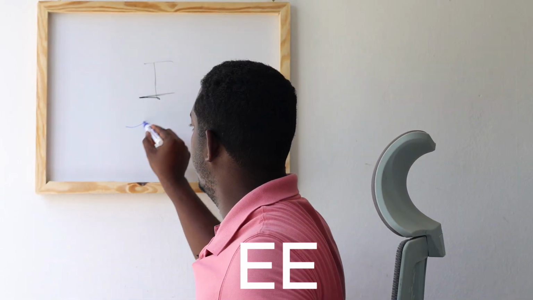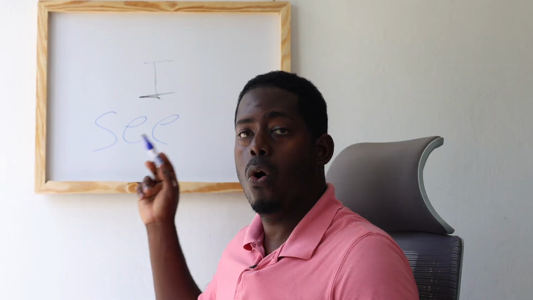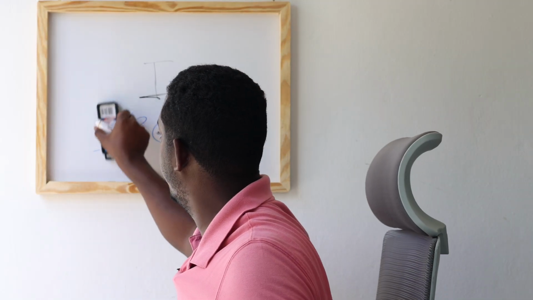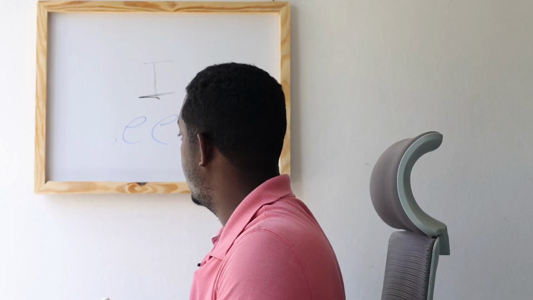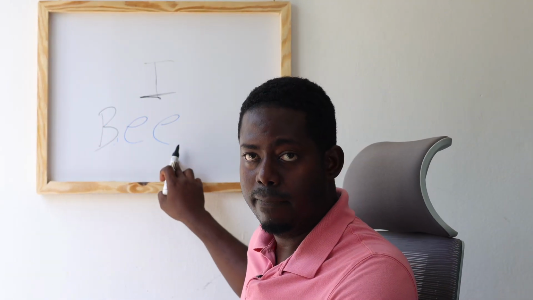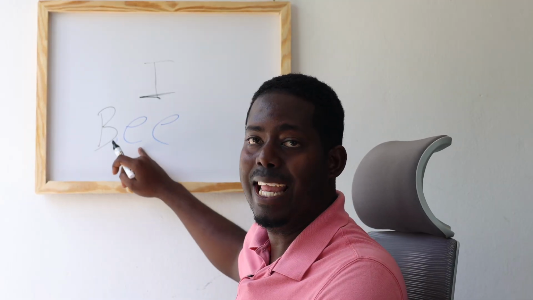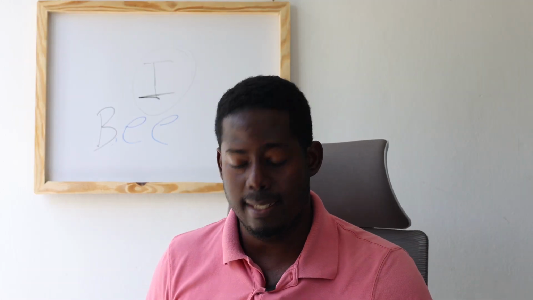It will always sound like ee, like when you have two English E's, for example in see, or if we change this and put over here this, it's bee. So this sound, ee, is exactly how you will pronounce the I all the time, wherever you see it.